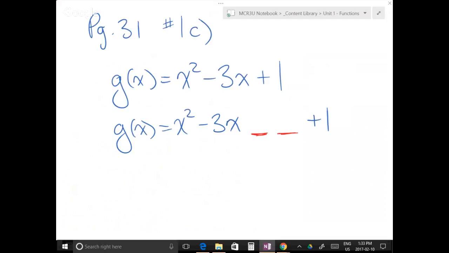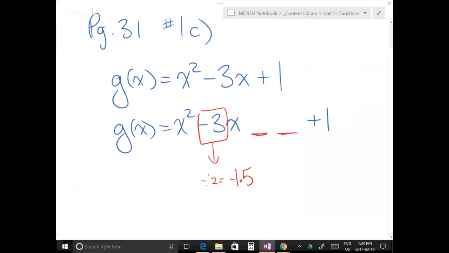How did we get that number again? Yeah, we take this number and we do what with it? We divide it by 2. And when I do that, what do I get? Negative 1.5, okay. So do I do plus 1.5 minus 1.5? Is that the number I use?